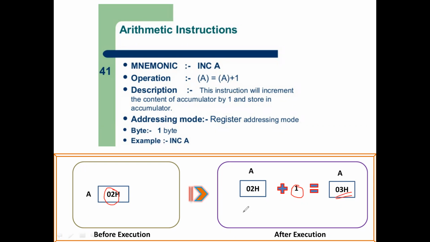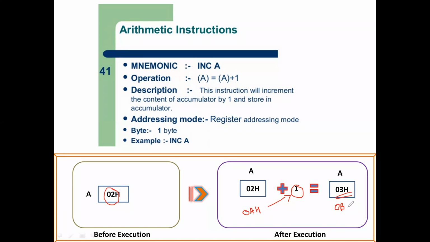For example, in the accumulator I have 0AH. If I add 1, what is my output? Anyone? What is my output?